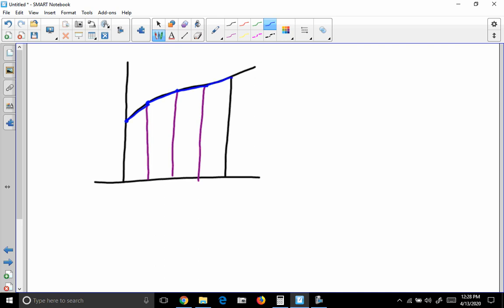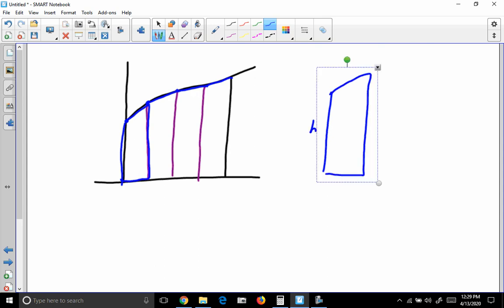And what each one of those shapes is, is a trapezoid. If we look at here, we just have a trapezoid where this is one base and this is another base. And this distance here is the height. And it turns out that the area of a trapezoid is the average of the bases times the height.